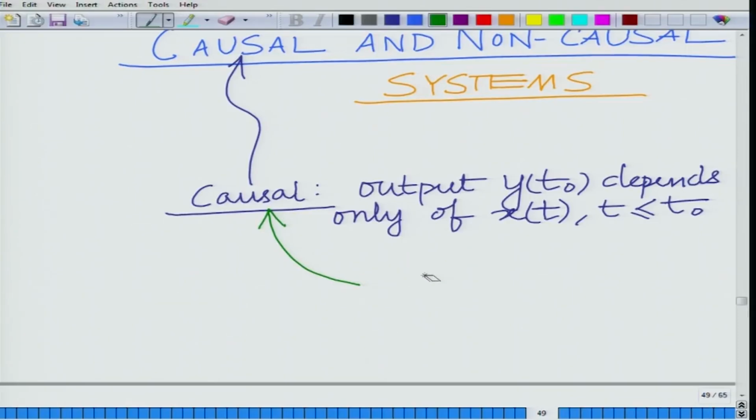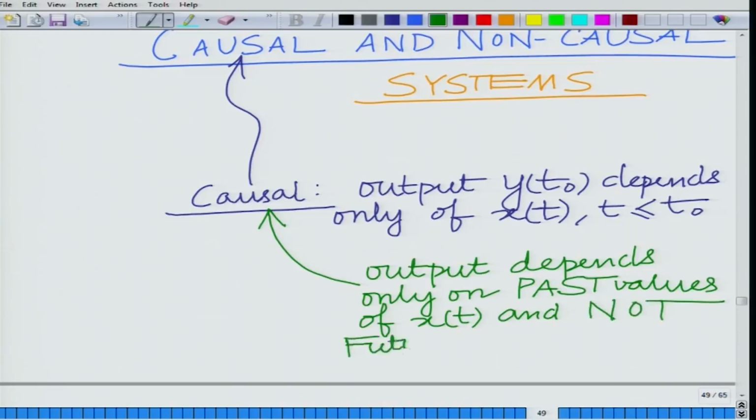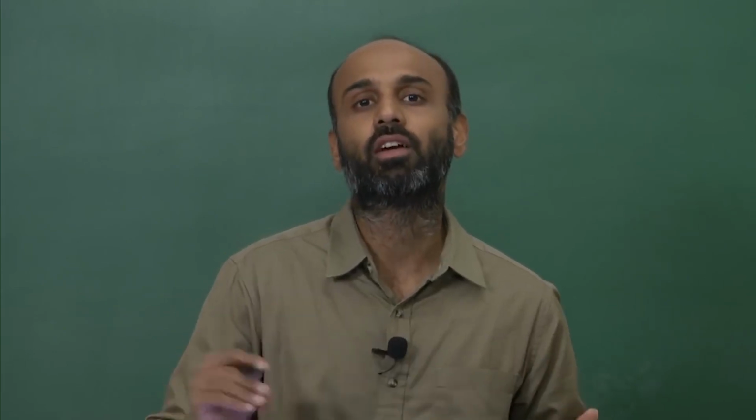To explain it plainly, a causal system is one in which the current output at the current time instant depends only on the past values of the input, it does not depend on the future values of the input signal.